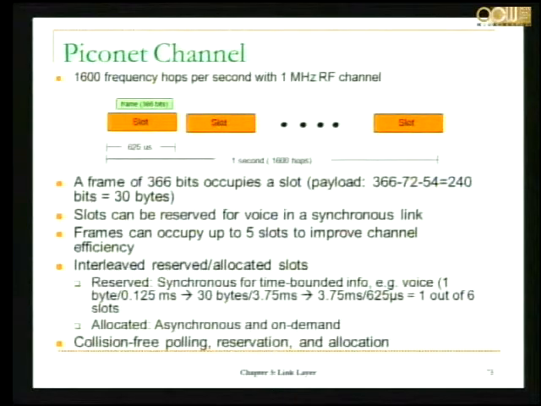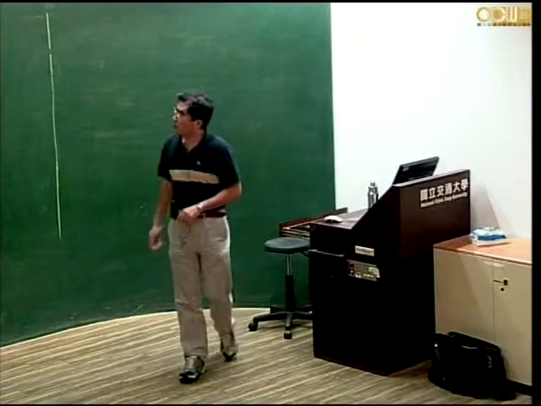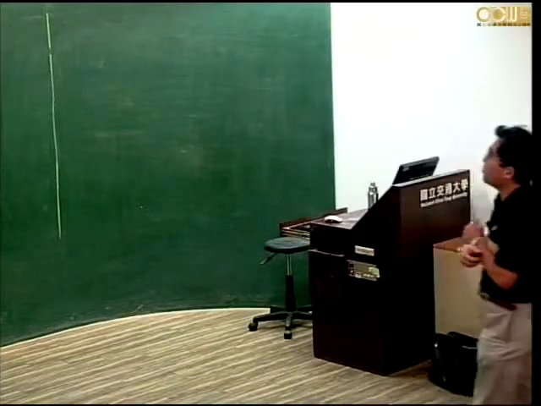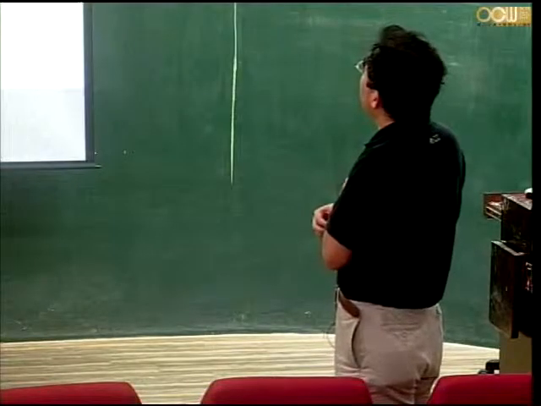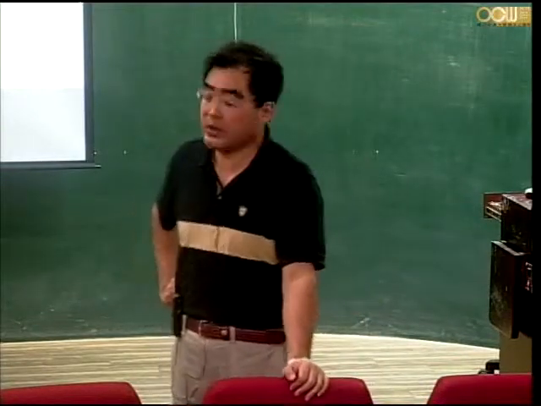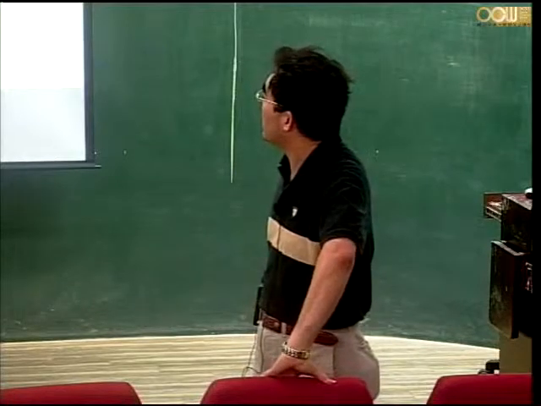And we say it's frequency hopping spectrum. How fast does it hop? 1600 frequency hops per second. So it hops this fast. In 1 second, it needs to hop among different frequencies. Then how much time would it stay on a frequency?